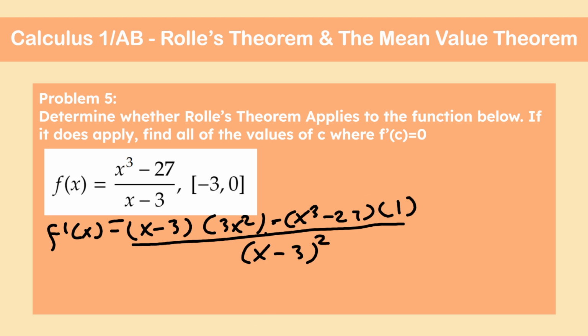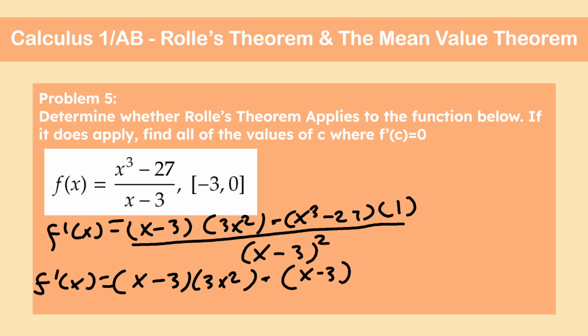So what I'm going to do is factor out an x - 3 term from here and divide. So now I have f'(x) is equal to (x - 3)(3x^2) - (x - 3)(x^2 + 3x + 9).